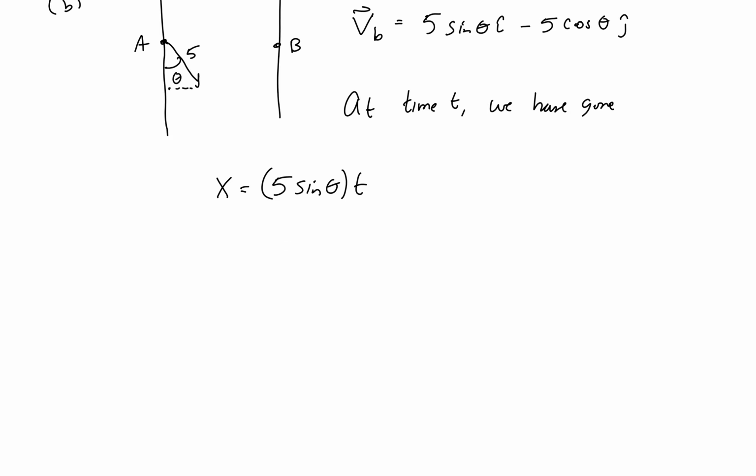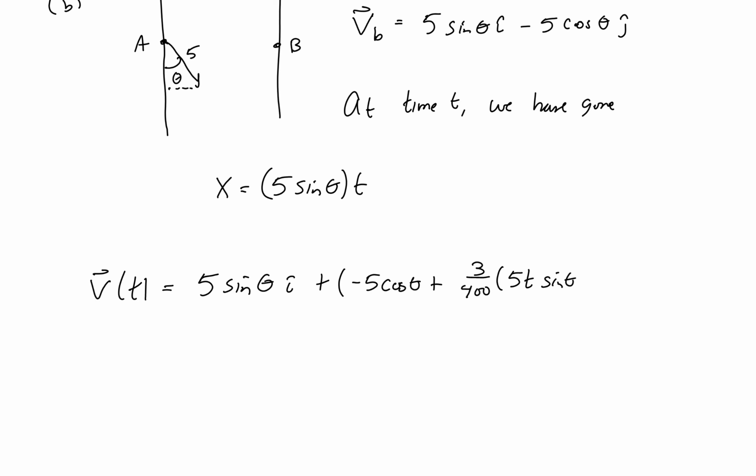So if we put this in terms of our velocity now, we have 5 sine theta i plus minus 5 cosine theta, and then I fill in that formula for the river, and this becomes 5t sine theta, and then 40 minus 5t sine theta, and all of this is in the j.